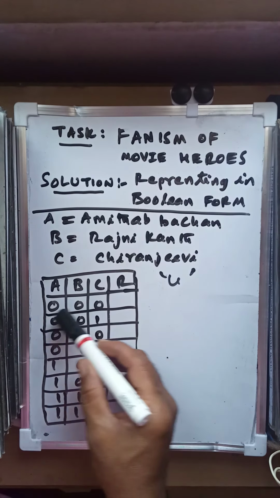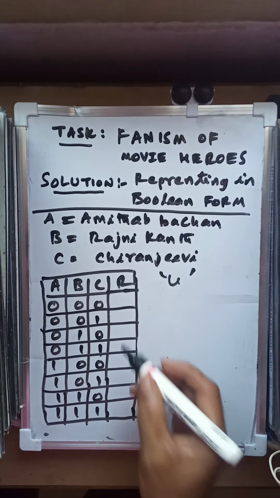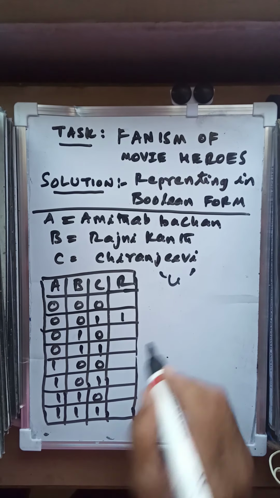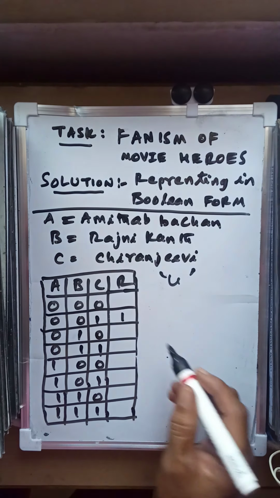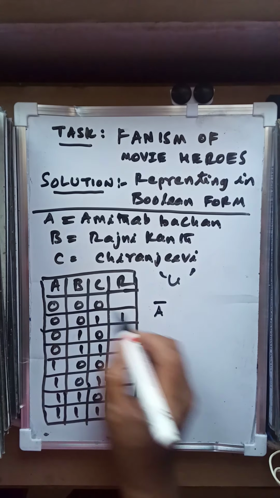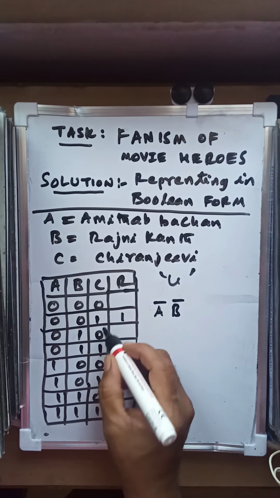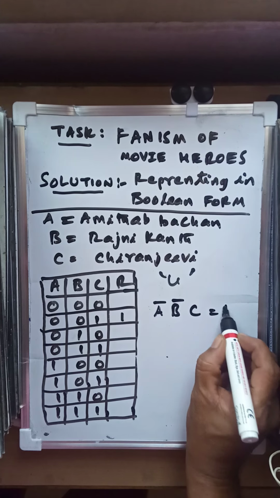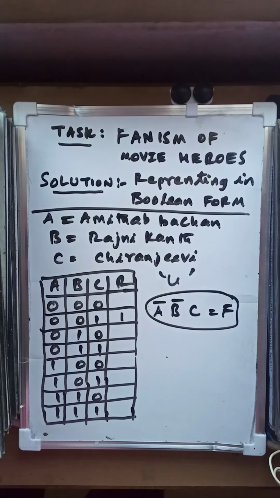So this combination is valid, that means we can consider it as true. True means 1, 0 means not true, false. So how can we write this function? If the person is a fan of only Chiranjeevi, then 0 means A bar, 0 means B bar, and 1 means C. This function is valid only for a person who is a fan of Chiranjeevi.